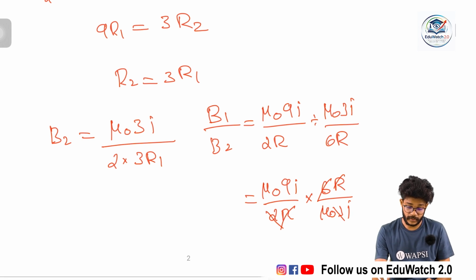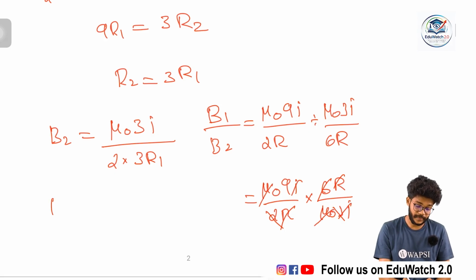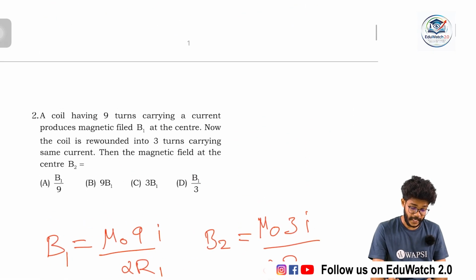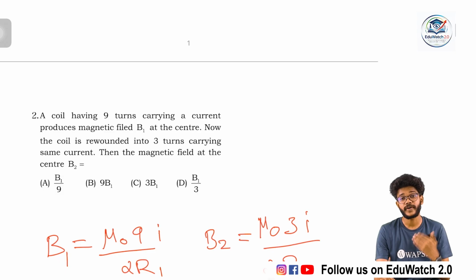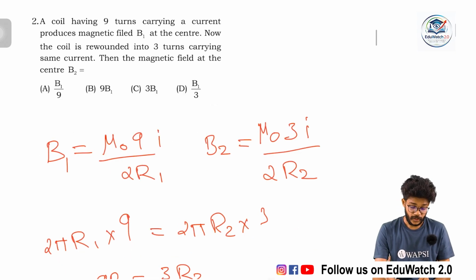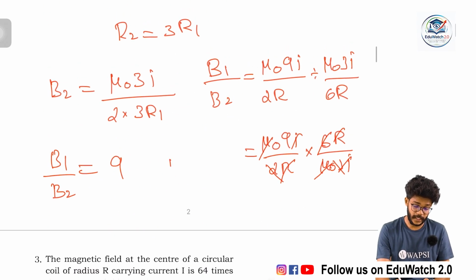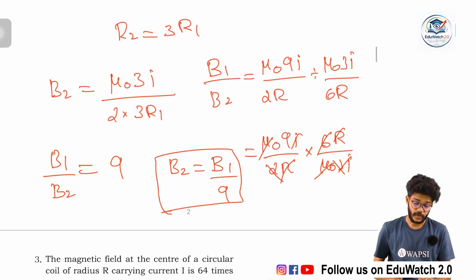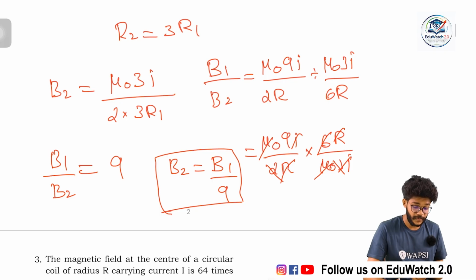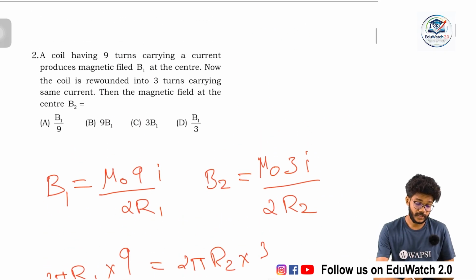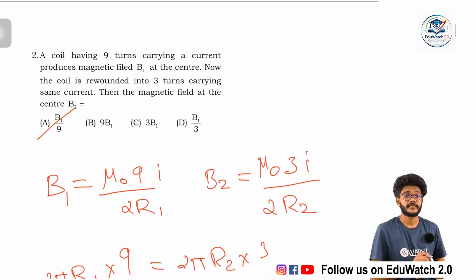R and R cancel, mu 0 and mu 0 cancel, and I cancels. So B1 by B2 is equal to 9. Which option do we have? They asked to find the value of B2, so B2 is equal to B1 by 9, and option A is the correct answer.